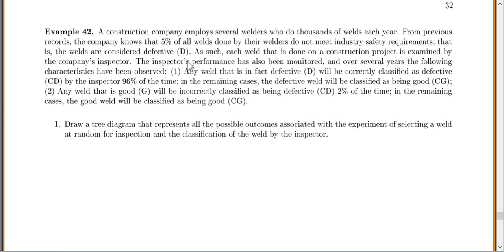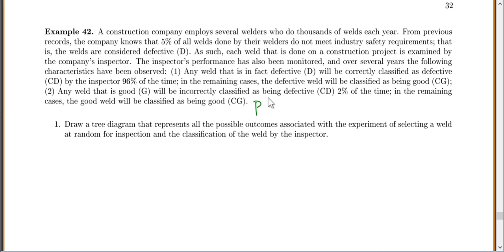The inspector's performance has also been observed. So sometimes they'll classify something as defective, but it's really not. Or they might not classify it as defective, but it really is, etc. And so they know that any weld that is in fact defective will be correctly classified as defective, CD, by the inspector 96% of the time.